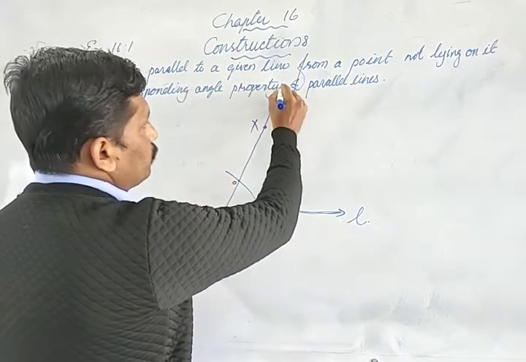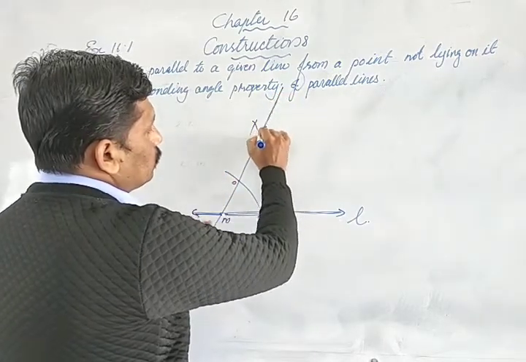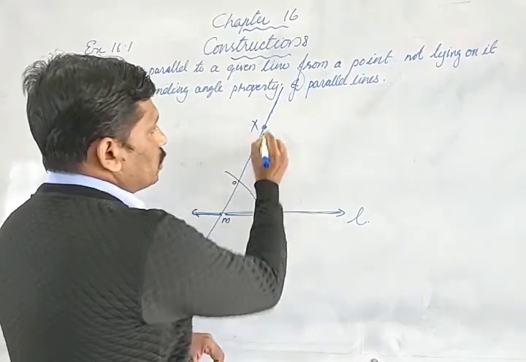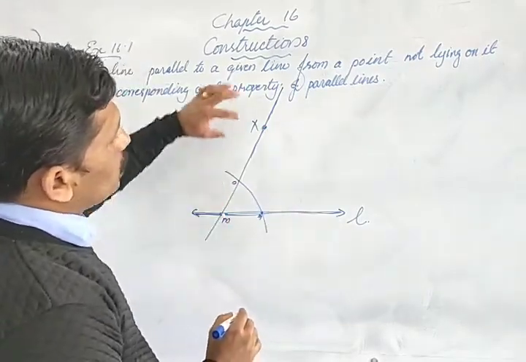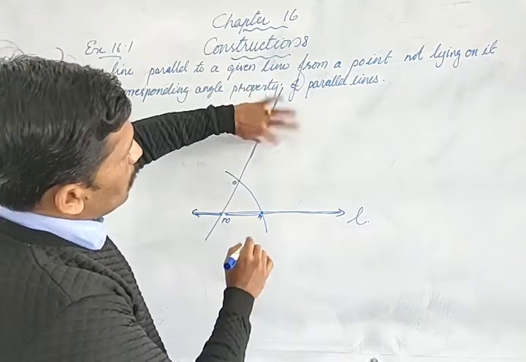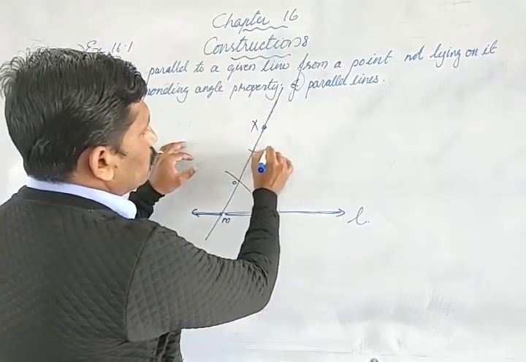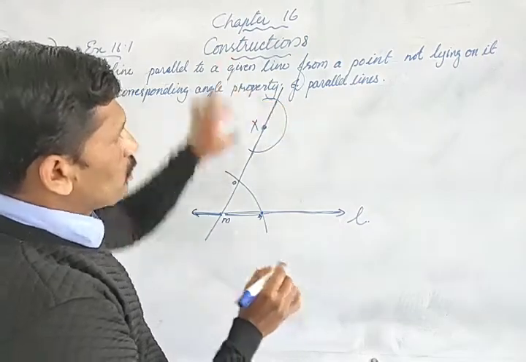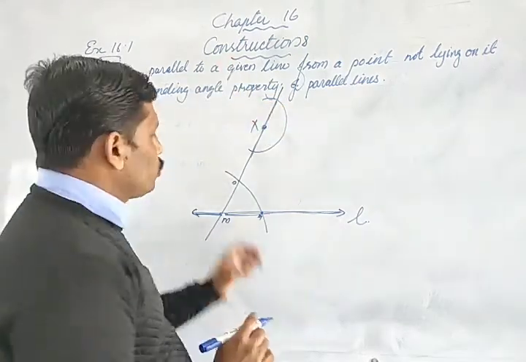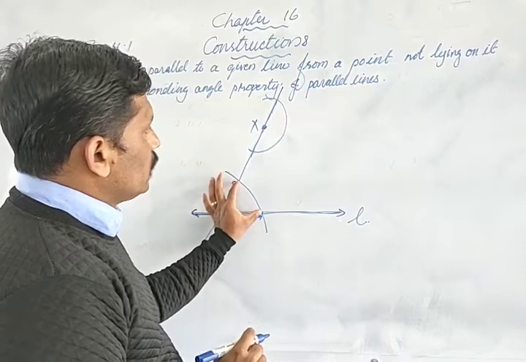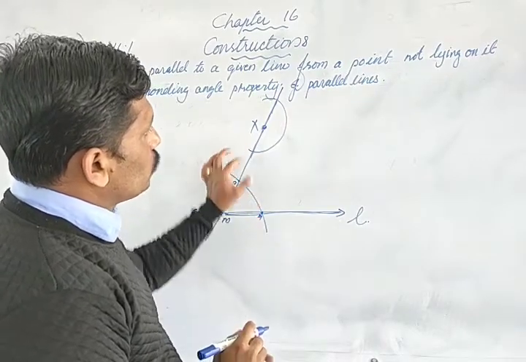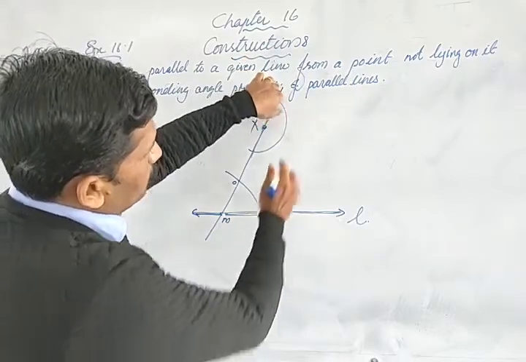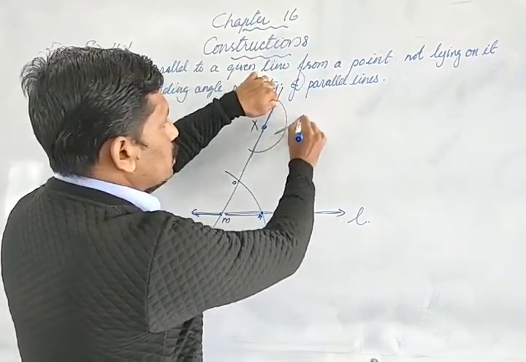And then, what you do, you keep the compass at this point X, and at this distance you draw an arc here this way. And measure this distance here, and without changing the distance, keep the compass at this point and draw the arc here, like this.